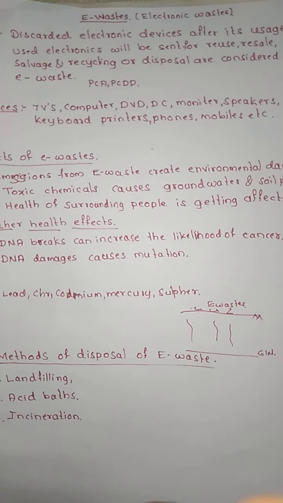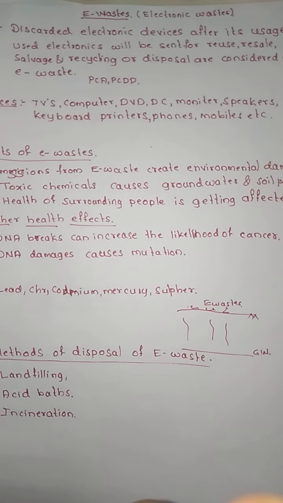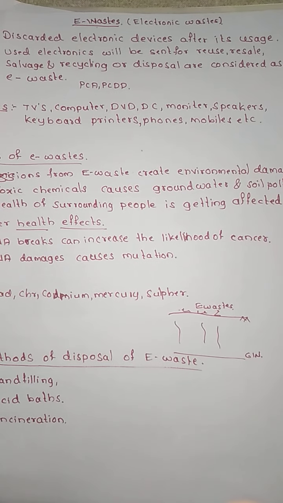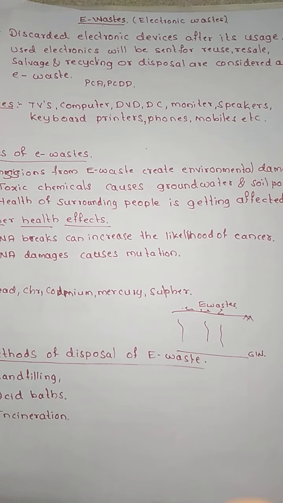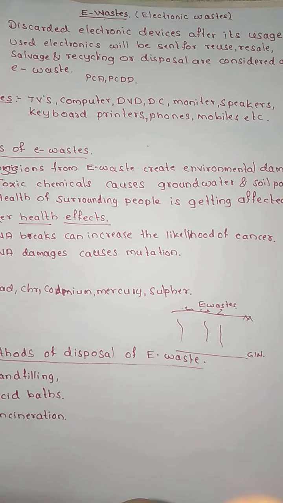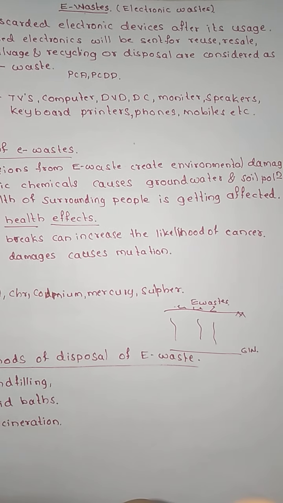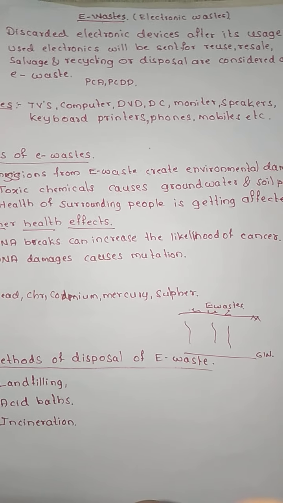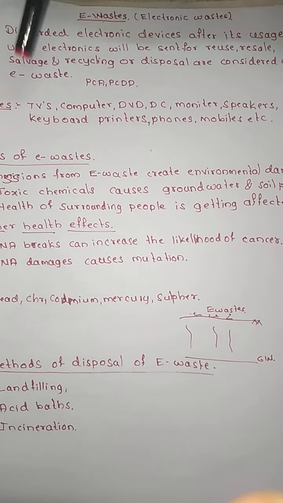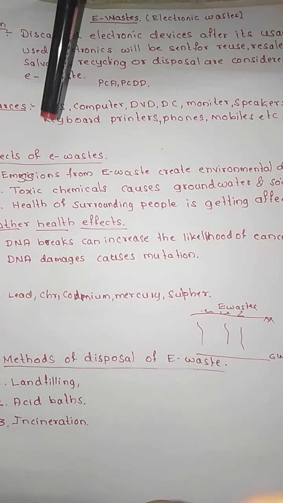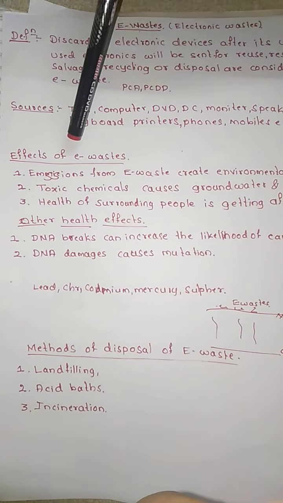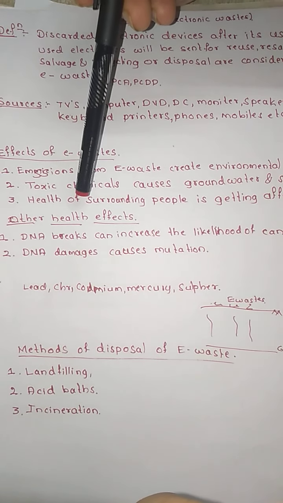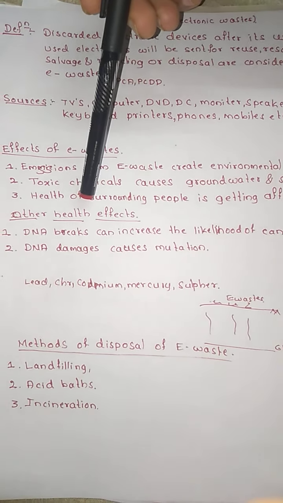In today's class, we are going to discuss e-waste. In the last classes, in the fourth module, we completed biomedical waste management. Today, we are going to see what e-waste is, what its definition is, what its sources are, how it affects the environment, and its effects on human health.